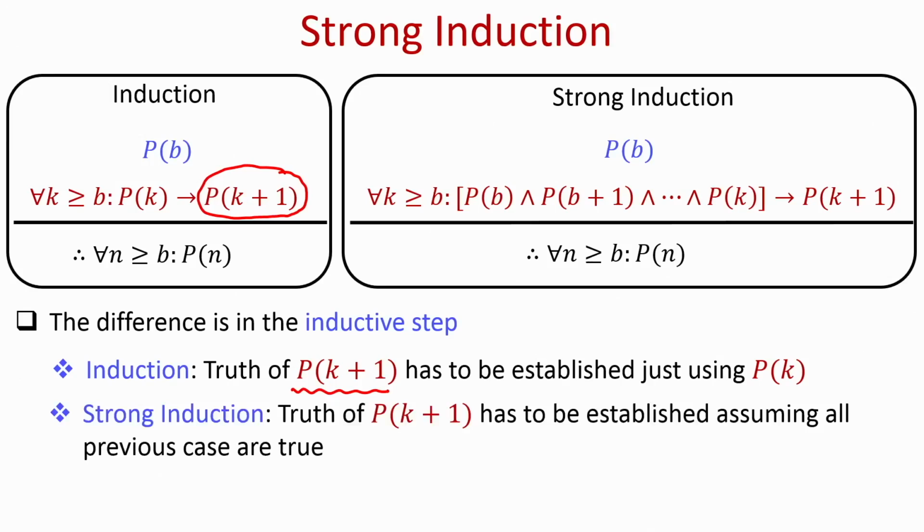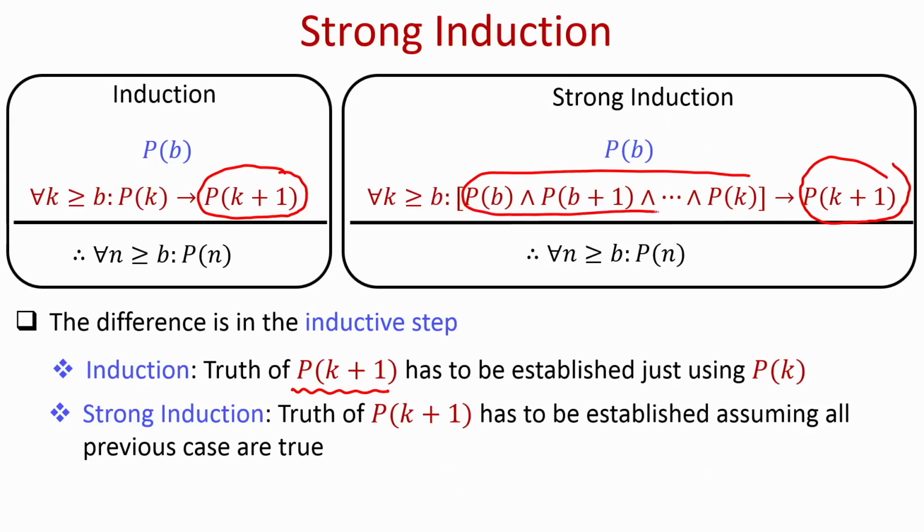Whereas, in the strong induction, for which the argument form is given in the right hand side part, when you are establishing the truth of proposition P of k plus 1, while doing that, you can assume that the statement P is true for all values in the domain starting from B up to k. Okay. That is the difference.